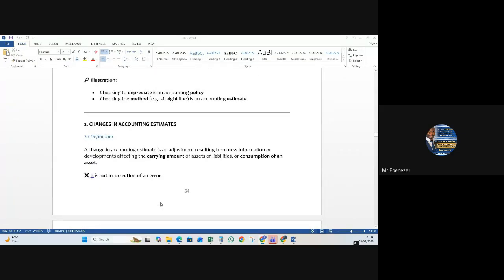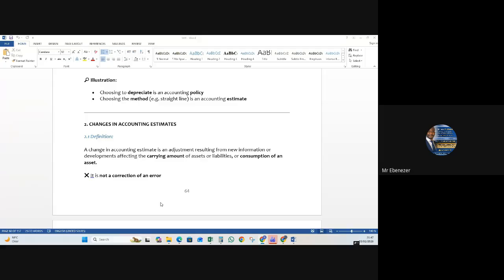Now, when we have changes in estimates, that means you are adjusting the results from new information or a new development that affects the carrying amount.